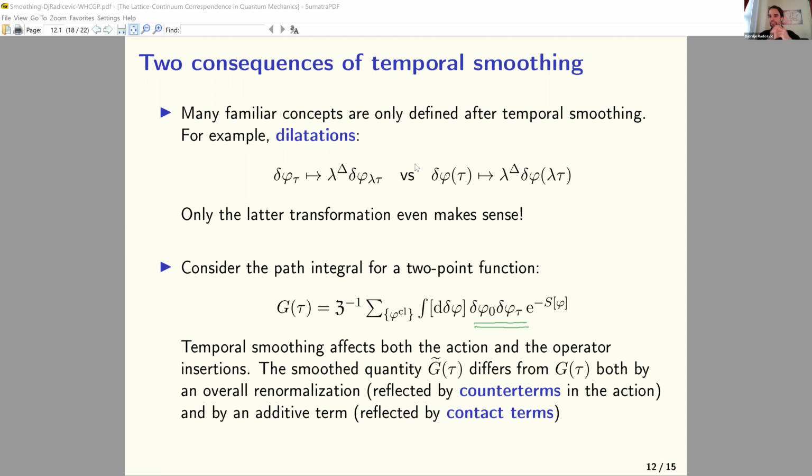So that means that you will have 2 different kinds of deviations from the exact answer when you discard high frequency modes. The ones that you've discarded from the action will give you an overall multiplicative difference from the exact answer. That's what's covered by counter terms. That's the lattice origin of counter terms, if you will.